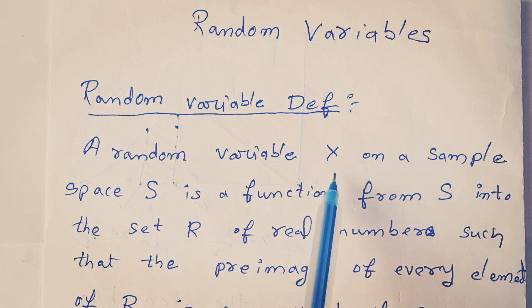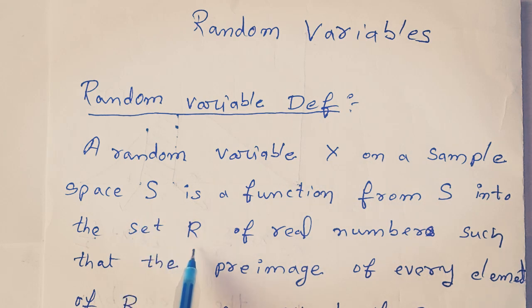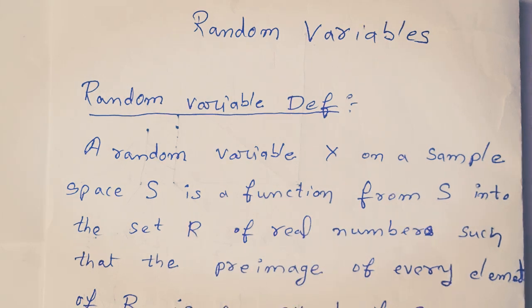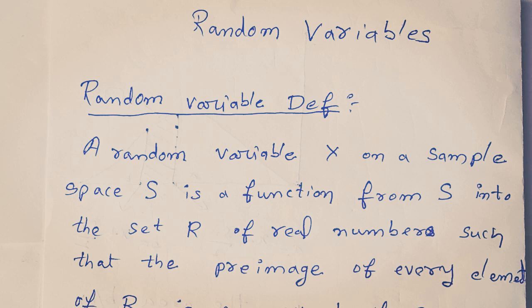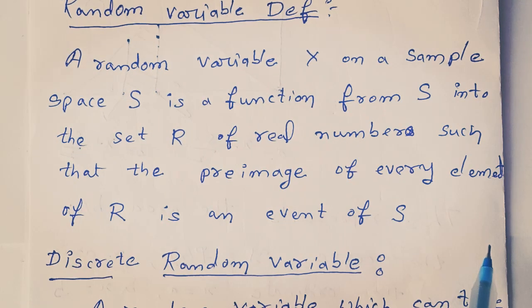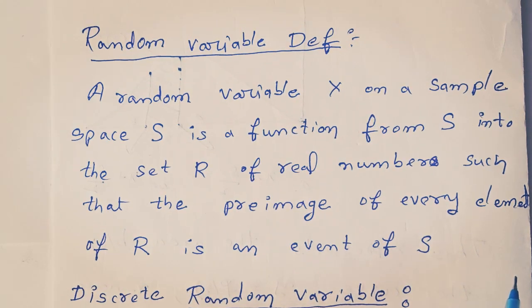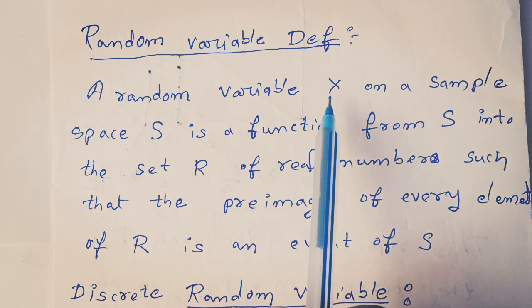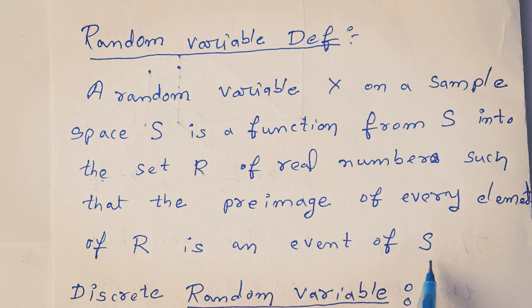Actually, it is a function from the sample space to the real numbers R. The pre-image of every element of R is an event of S. Therefore X maps every event of the sample space to a real number.